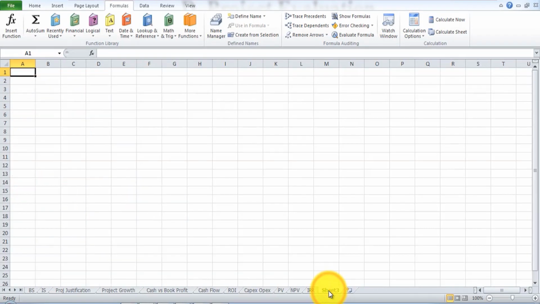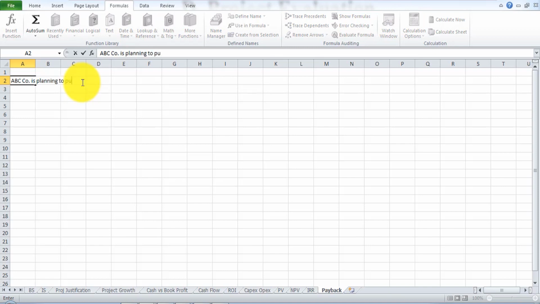So here we have an example on payback period. Okay, so let us say ABC company is planning to purchase a new machinery. The related details of the cash flow is as under.